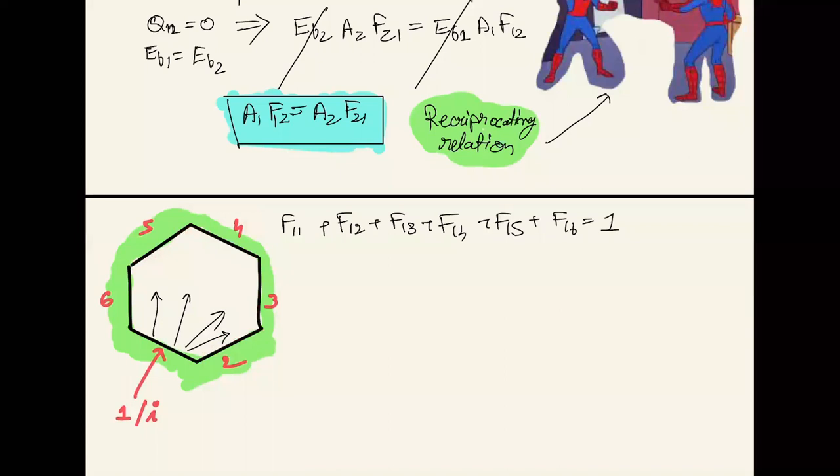How it reaches I will come to that in a bit, but what I can surely say is 100% of the radiation that is being given out is getting absorbed by some or the other surface over here, and hence the sum of all the view factors associated with the surface 1, including its self view factor, has to be equal to 1.